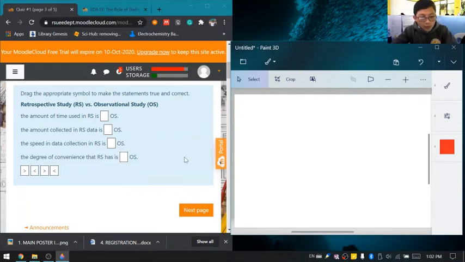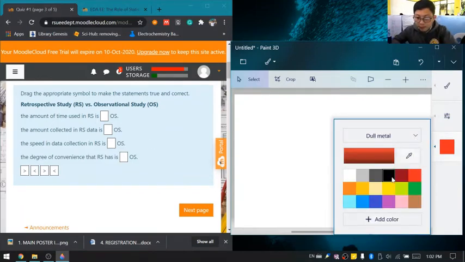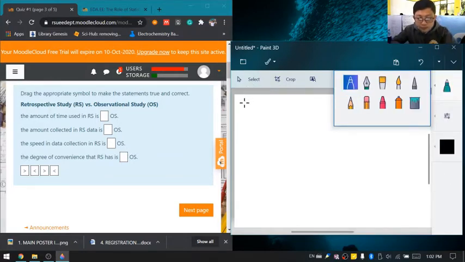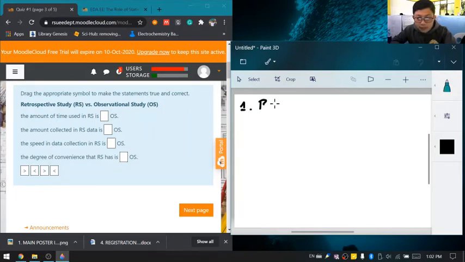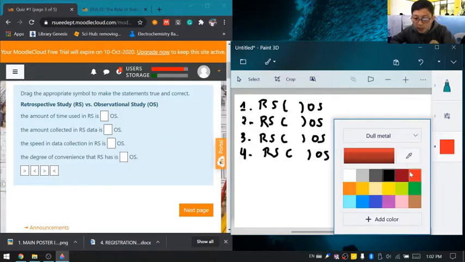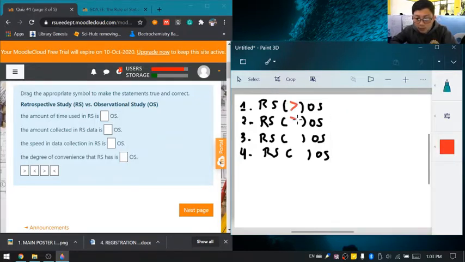So for this one, for example, in question number 1, okay, in this number 1, we are expecting an answer to be greater than, less than, then less than.